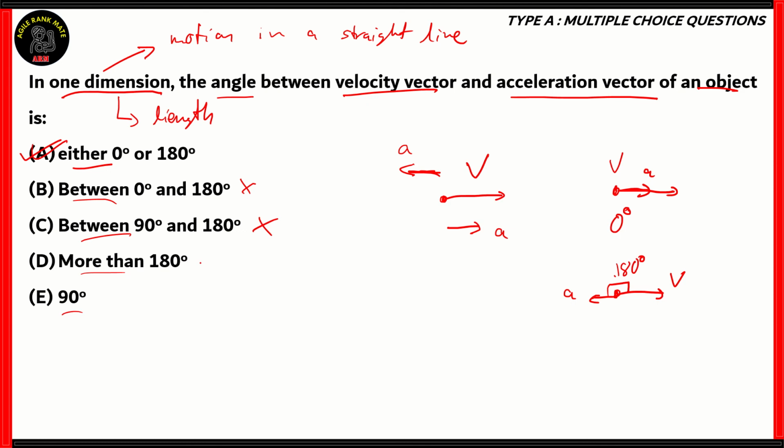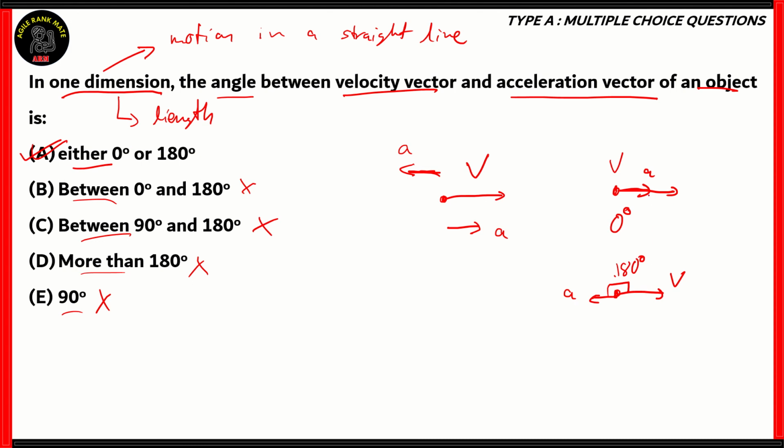More than 180 degrees, again, that's in a plane when you have reflex angles. And option E, 90 degrees, that occurs in projectile motion, which is motion in a plane. So therefore, options B, C, D, and E are incorrect. The right answer is option A, either 0 degrees or 180 degrees.